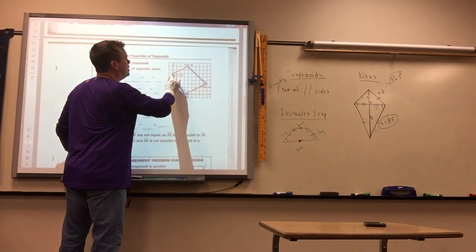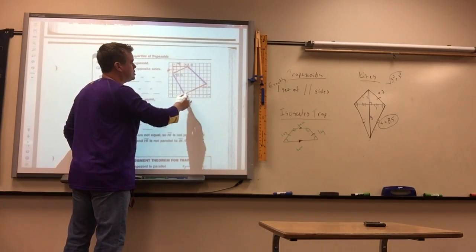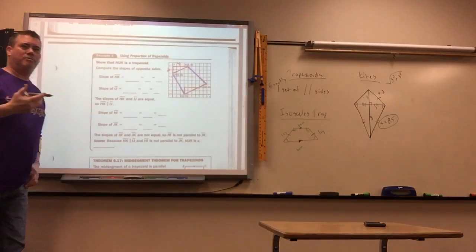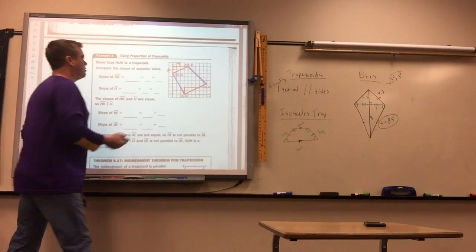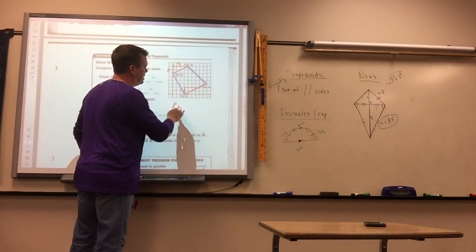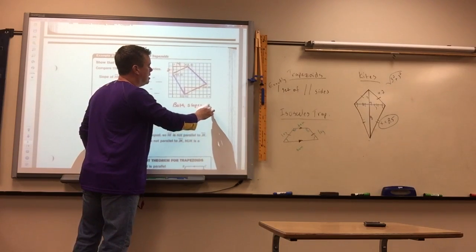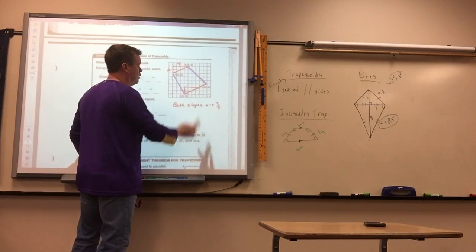So this one goes up 2 and over 4. So just check here, go up 2 and over 4, and I do end up back on the line, which means they have the same slope, which means they're parallel. So if they asked you to say why, you would say both slopes are 2/4. Or you can simplify to 1/2, up 1 over 2.